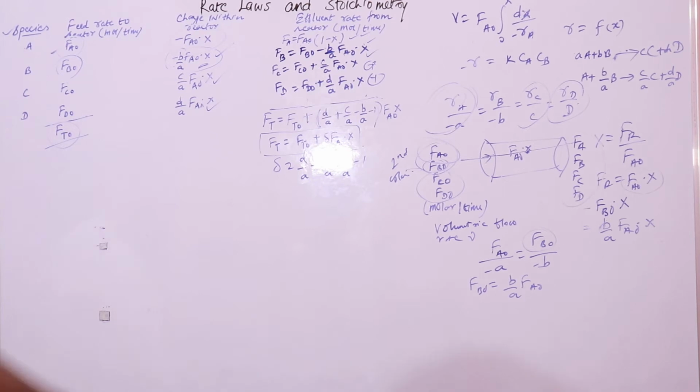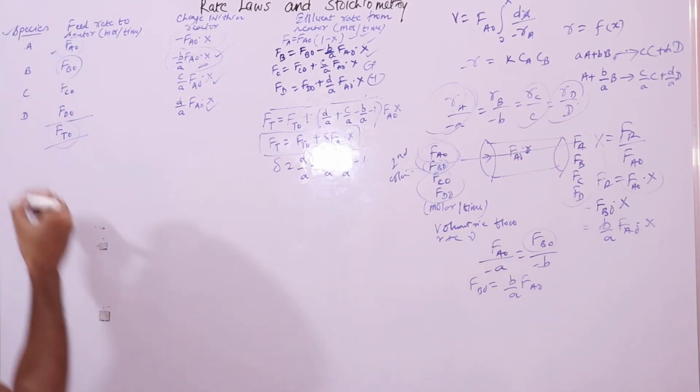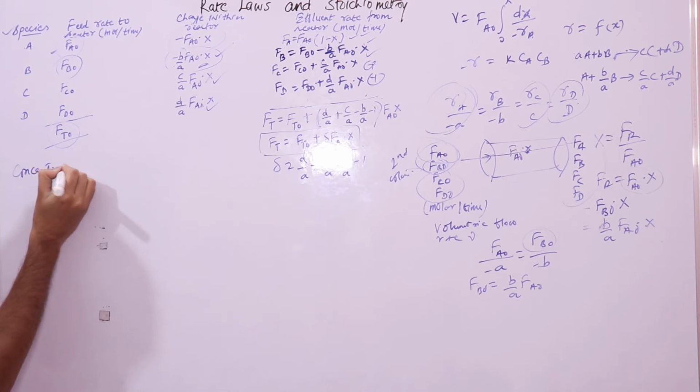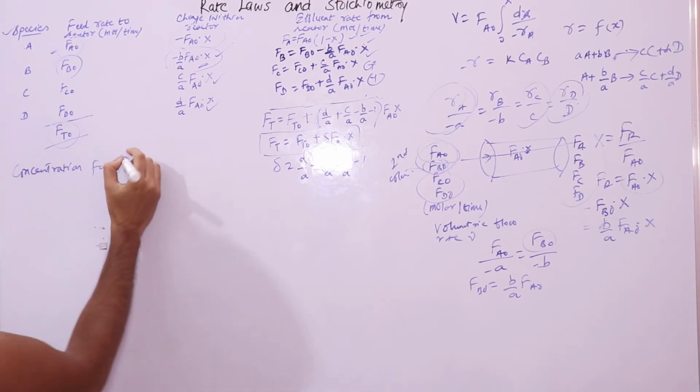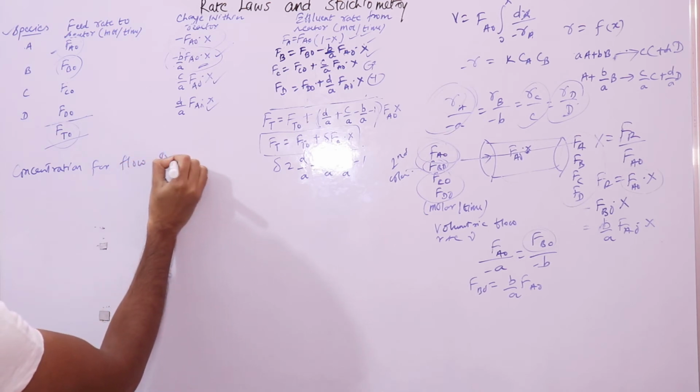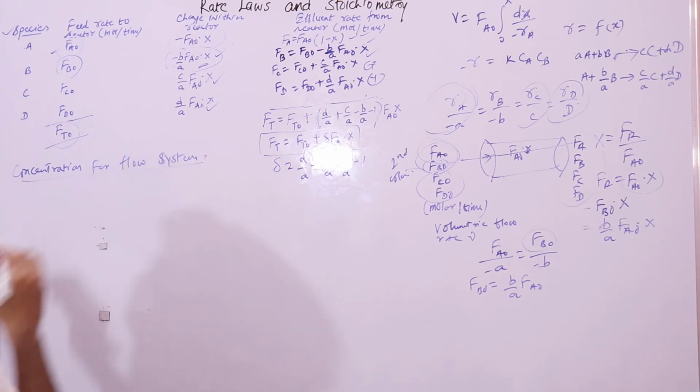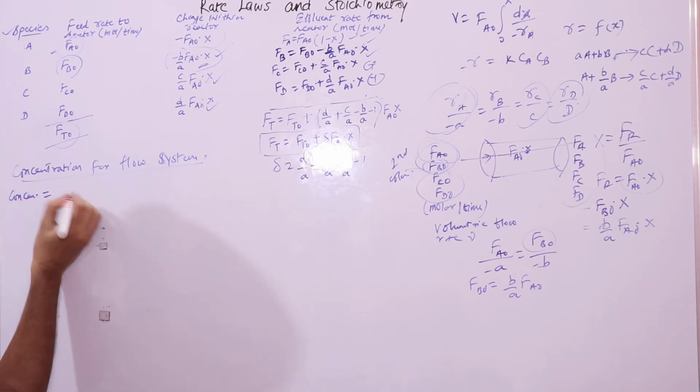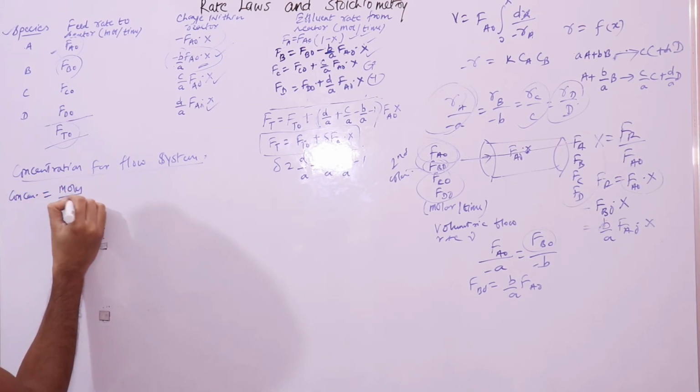Now since we want concentration, we will find concentration for flow system. In order to find concentration for flow systems, the concentration at any point can be determined using the molar flow rate and volumetric flow rate, because we know that concentration is moles per unit volume.